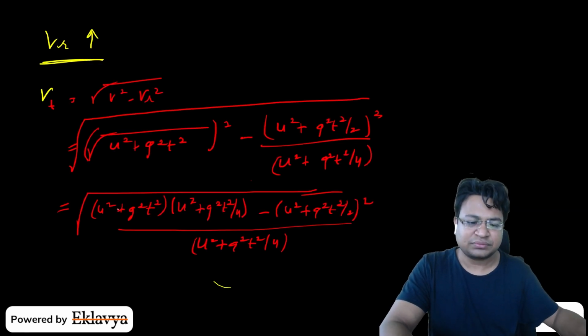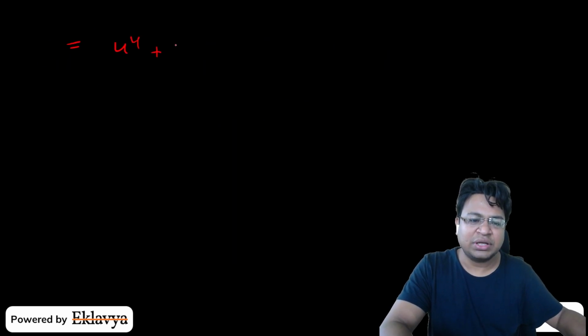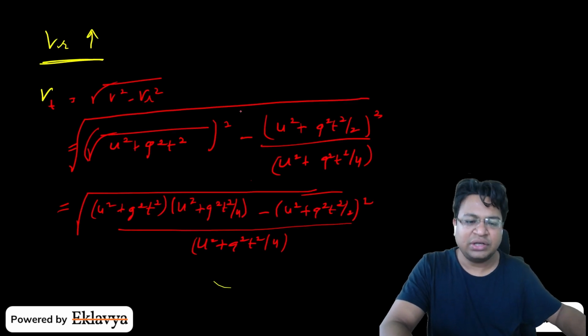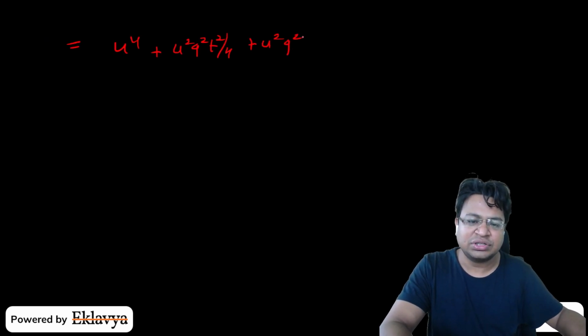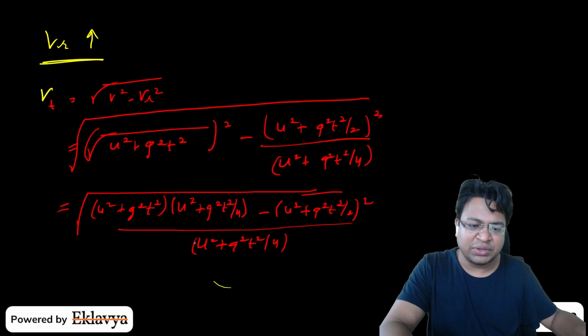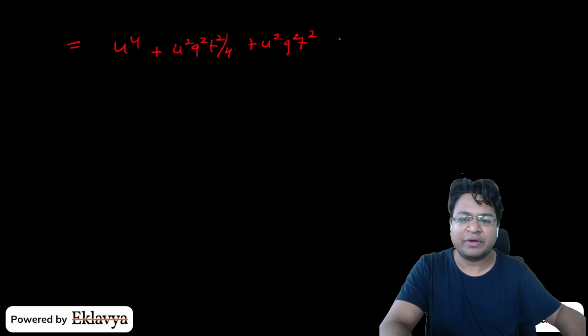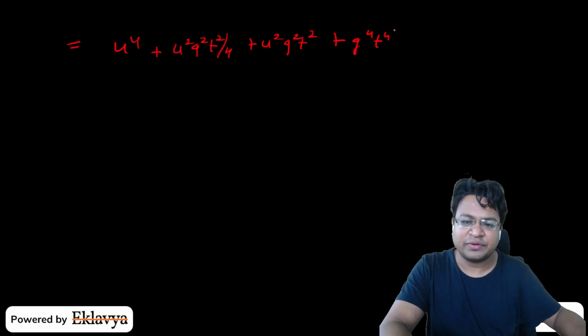So this will become u raised to power 4 plus u square g square t square by 4, plus u square g square t square by 4, then plus u square g square t square, and then plus g raised to power 4 t raised to power 4 by 4 plus g raised to power 4 t raised to power 4 by 4.